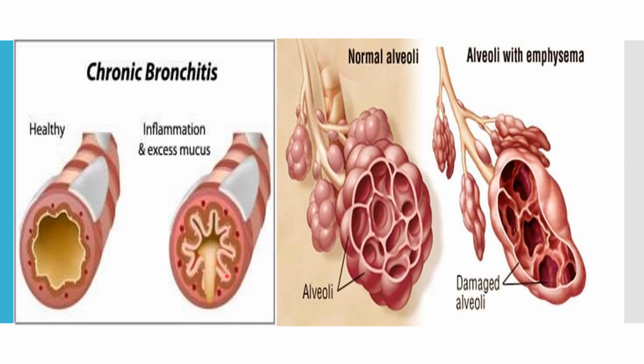These are the pictures showing chronic bronchitis here and then emphysema. Here you can see small airway disease, because it affects the peripheral bronchi.